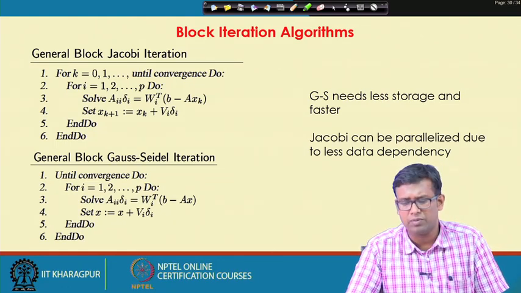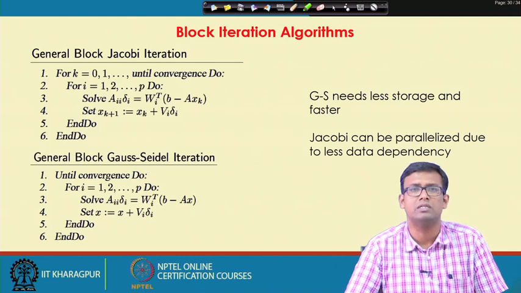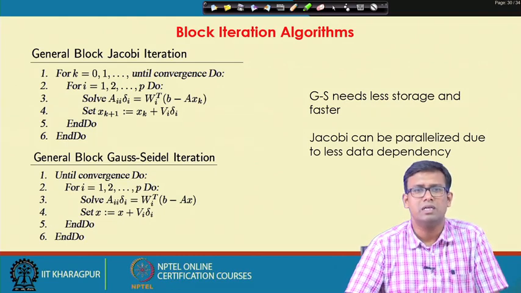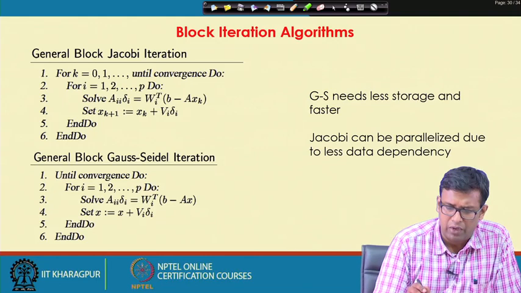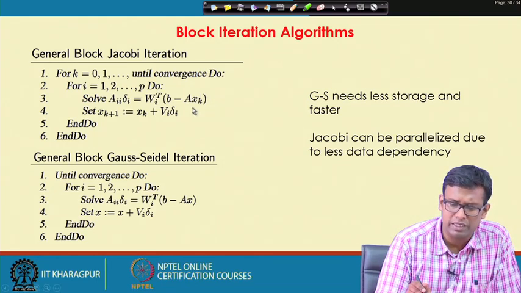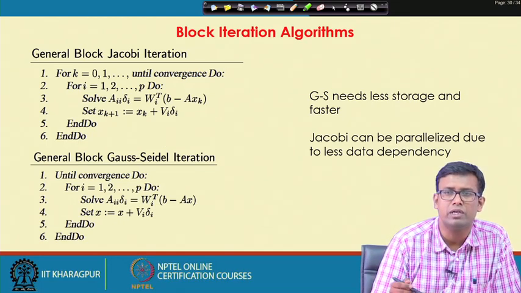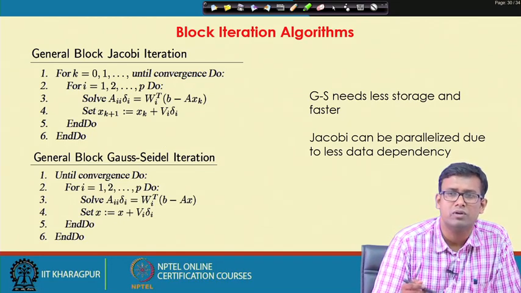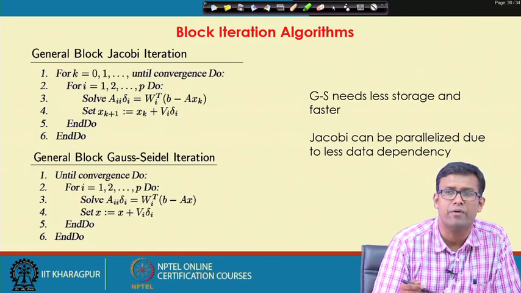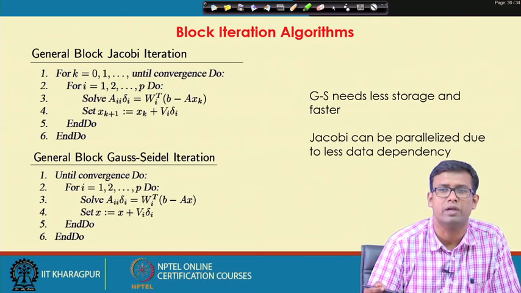However, the Jacobi method can be parallelized due to less data dependency. Once we have the last iteration value, we can go to the new Jacobi step, and if we are working on different processors, none of the processors has to be aware of the updated value in other processors.